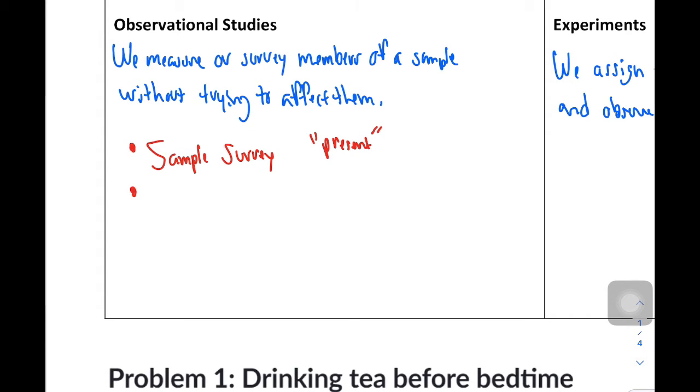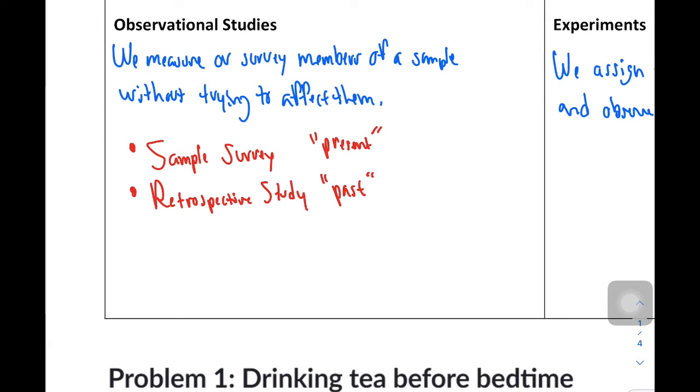You can also do what's called a retrospective study. If you see the root word retro, think of it like the past. This is where you study something that's already happened.